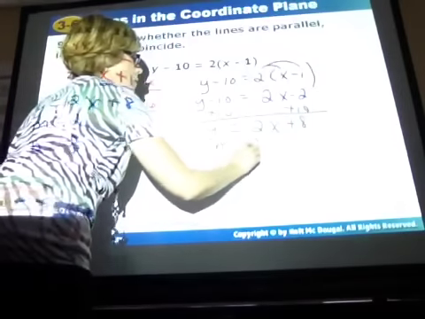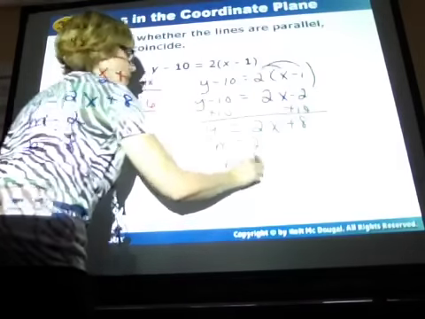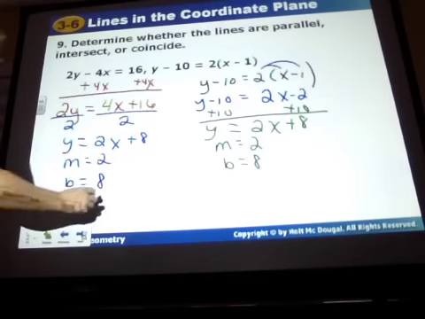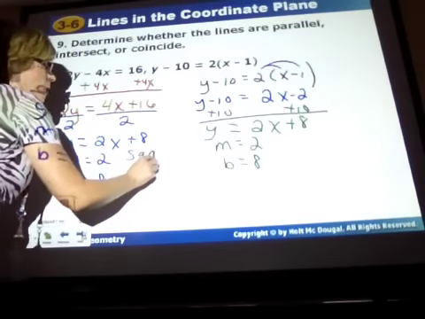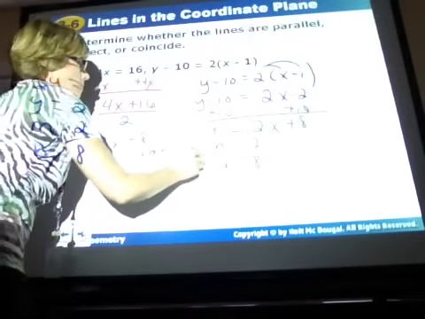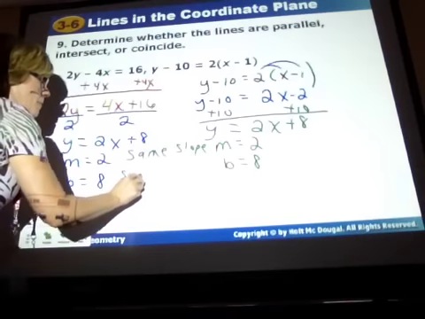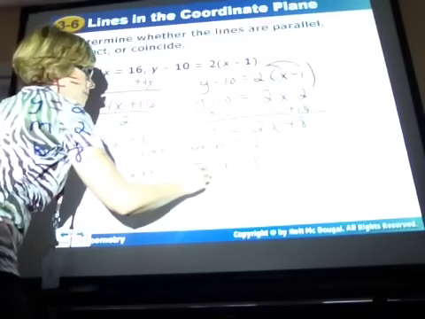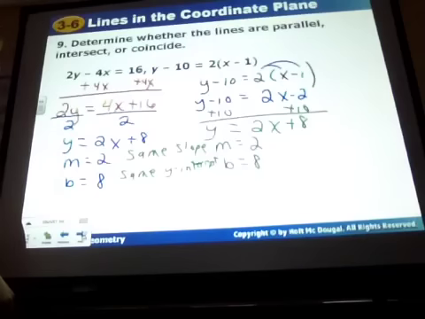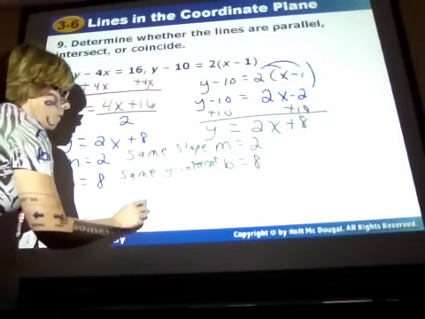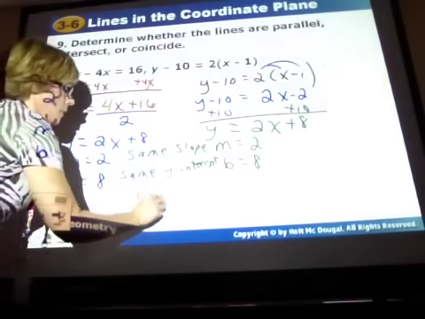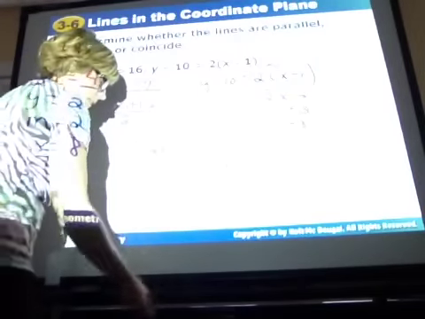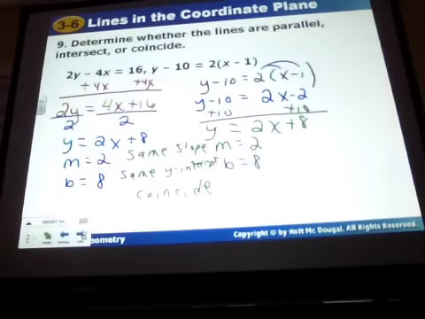So my slope is 2, my y-intercept is 8. I have same slope. I have same y-intercept. Therefore, these lines coincide. They are the exact same line. And that's it.